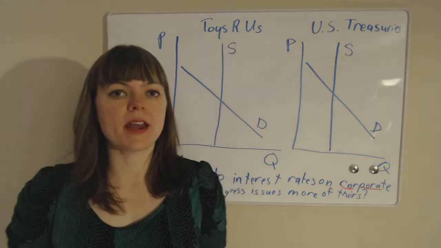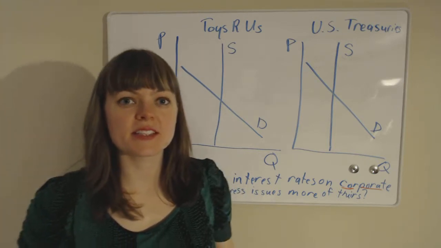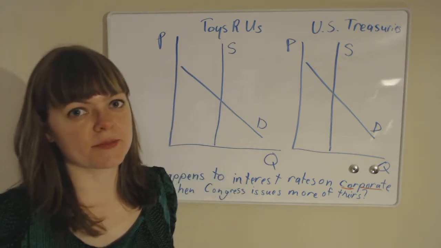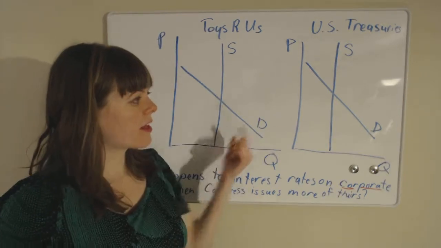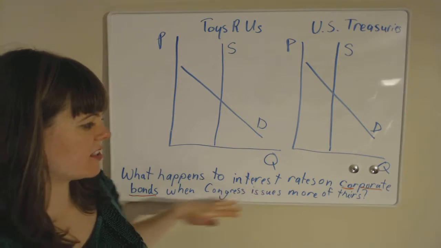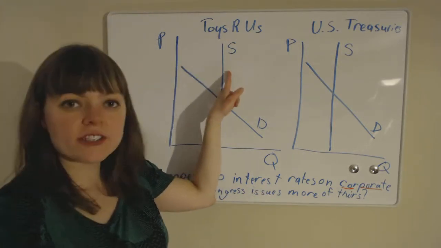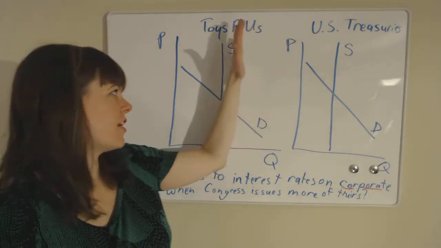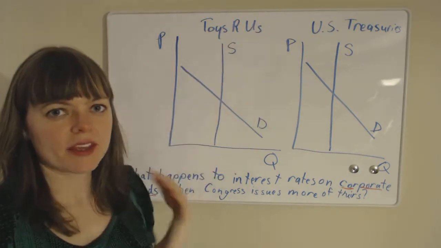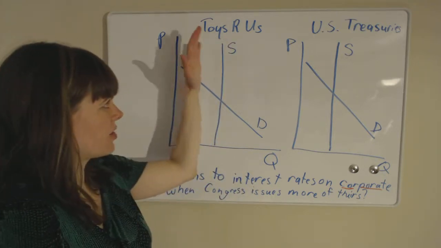So the first step in any question is always to ask yourself about the supply curves, because the supply curve is a little bit easier than the demand curve when it comes to thinking about bond markets. So based on what the question says is going on, is Toys R Us issuing more bonds, or is there any reason that Toys R Us might be taking in bonds at the end of their time without issuing more? That could also decrease supply.